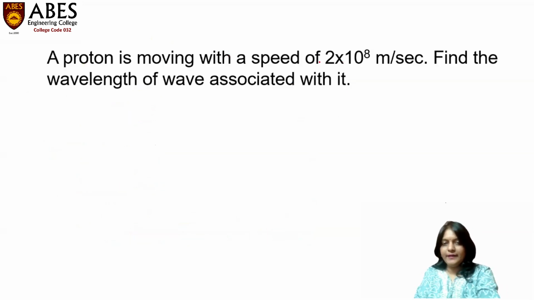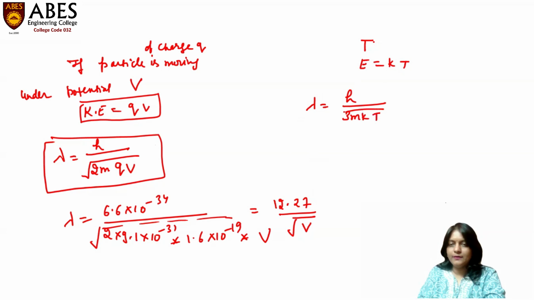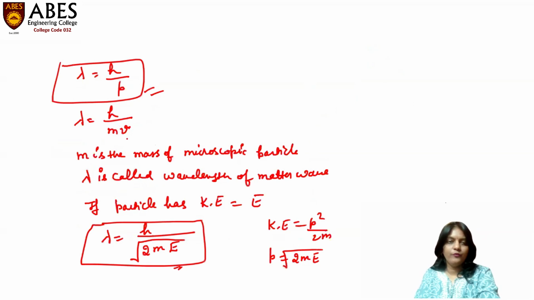And if a particle is moving due to the temperature T, then its energy becomes 3/2 kT, and the associated de Broglie wavelength becomes h upon root of 3mkT. So these are the four formulas.